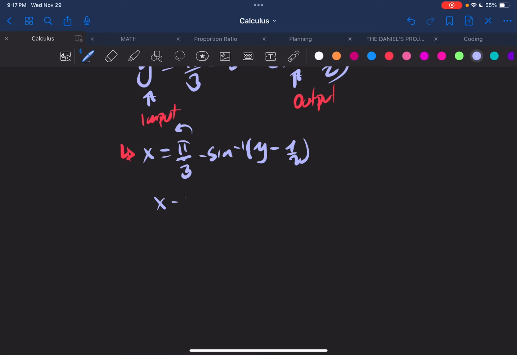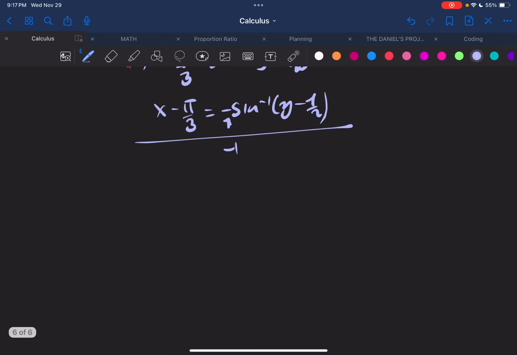So I have x minus pi over 3 is equal to negative sine inverse of y minus 1/2. So next step is I want to get rid of this negative. So I'm going to divide both sides by -1. So what do I get? I get negative x plus pi over 3 is equal to sine inverse of y minus 1/2.